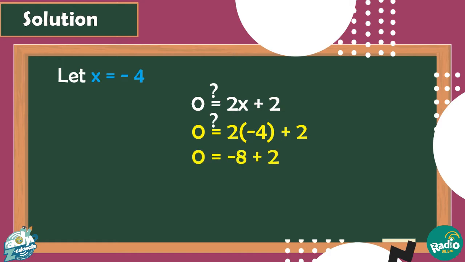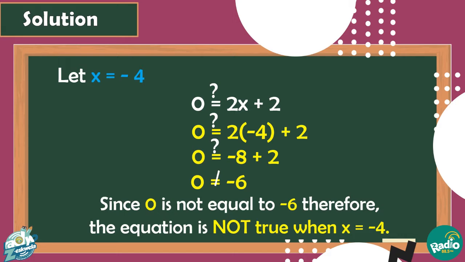By simplifying, we get 0 = -8 + 2. Using the operation, 0 = -6. Since 0 is not equal to -6, the equation is not true when x = -4.